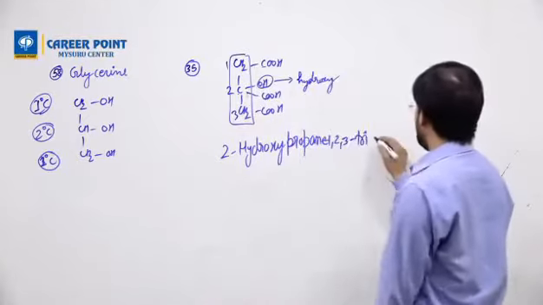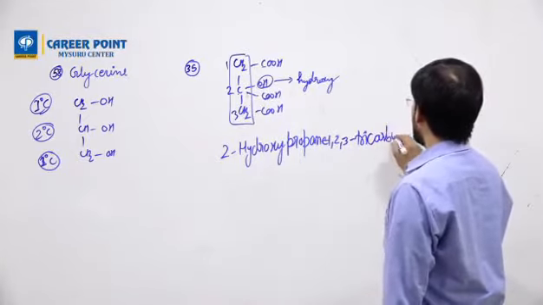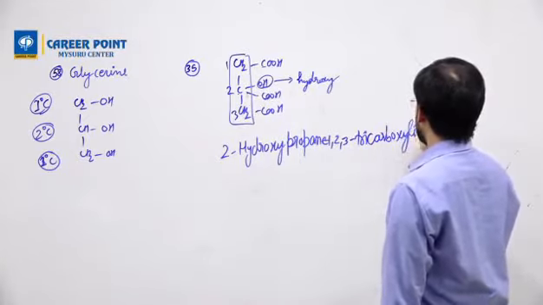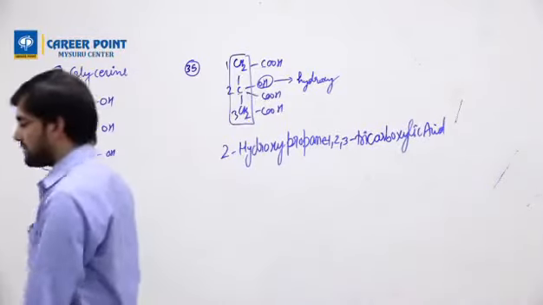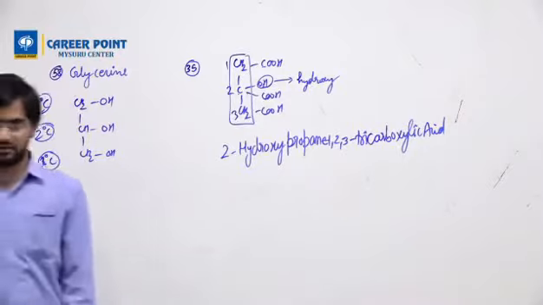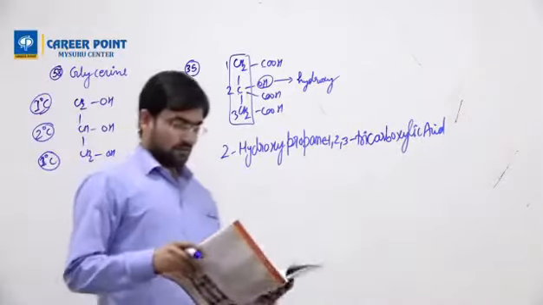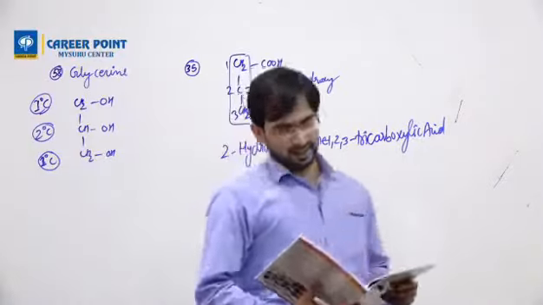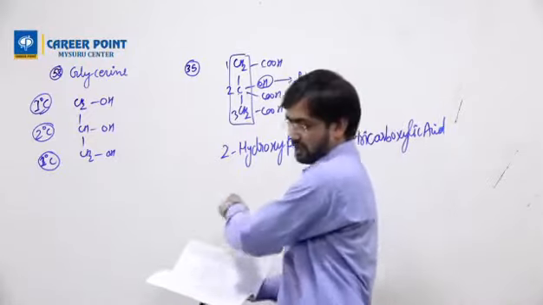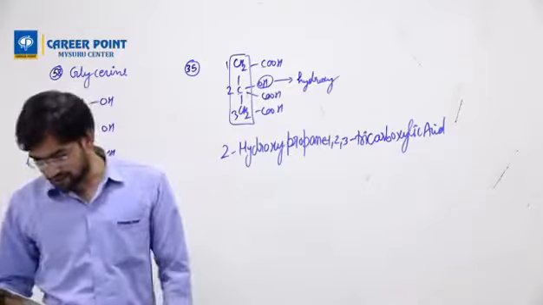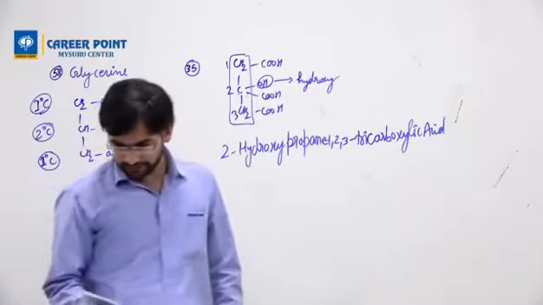So to count them, we write tricarboxylic acid. This option is not given in any of the options in this module. That's why I am saying there is no correct option. So D1 is the correct option. But in the exam, if they ask you, they will write the proper answer. Okay, 35 done.